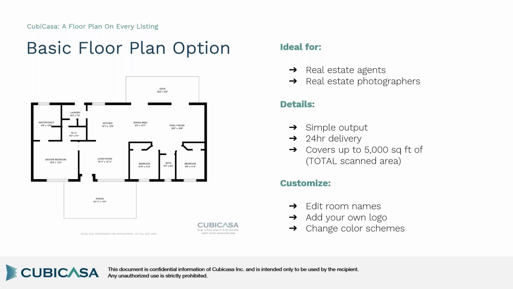Here, you'll notice that up to 5,000 square feet, again, are totally free. You can do as many as you need. Again, test it out on your own home so you can see exactly how it works. If you go over 5,000 square feet, it is traditionally $15.